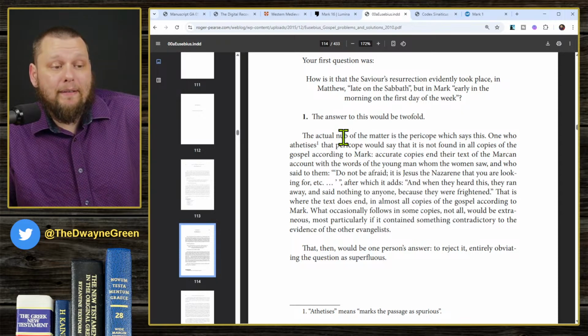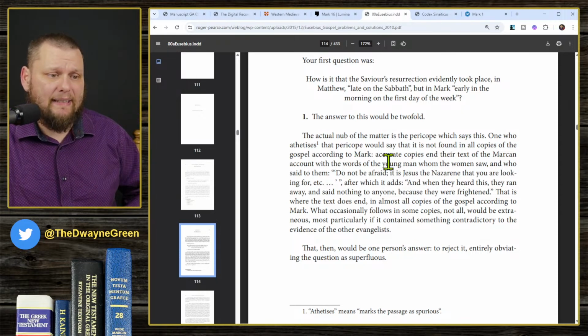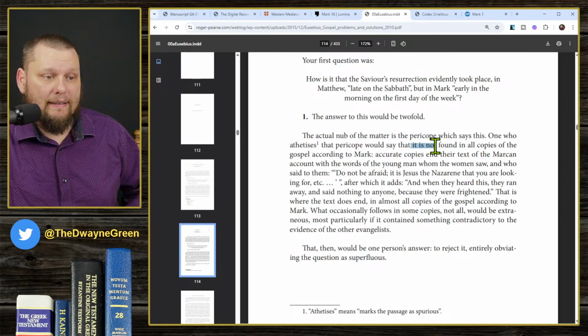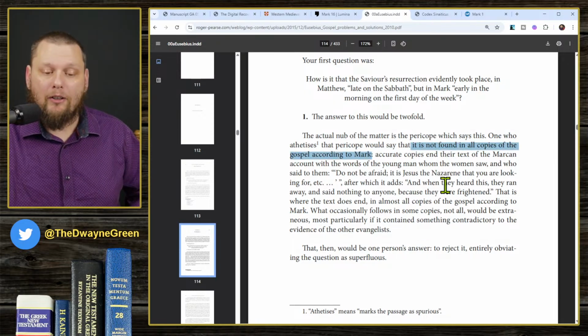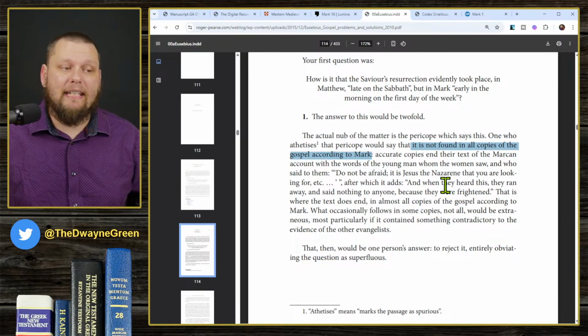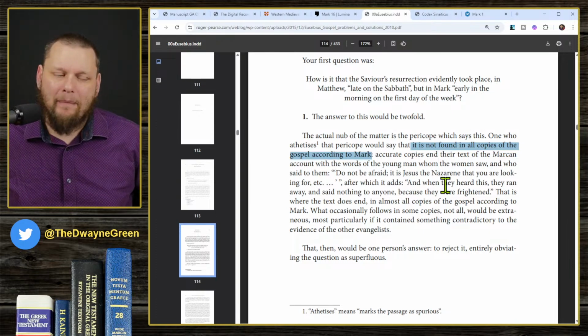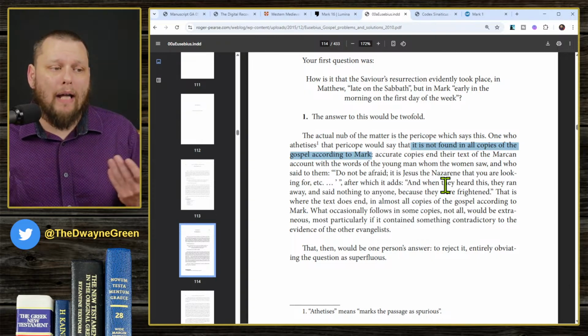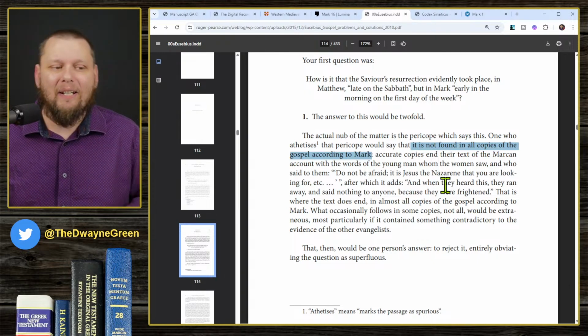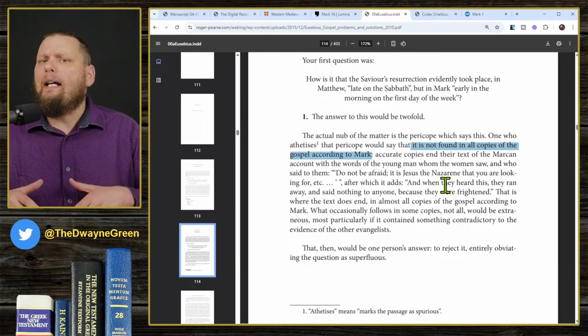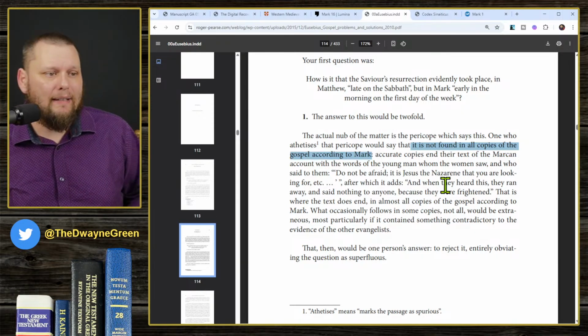This is not Eusebius saying that it is not found in all copies of the gospel according to Mark. No, what he is doing is playing the devil's advocate, so to speak, and pretending to be one who would athetize this section of scripture so that he could provide some kind of answer to Marinus.